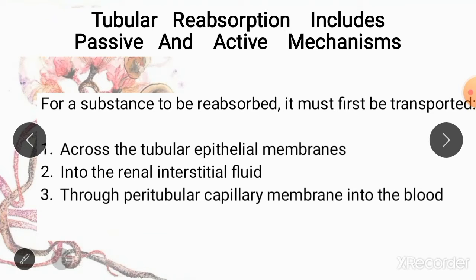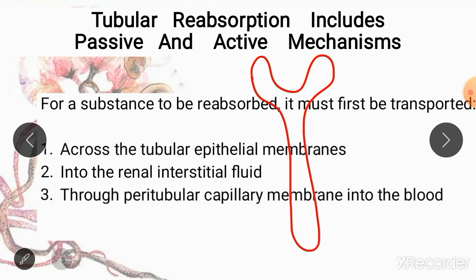First of all, as you already know, your nephron consists of a hollow tubular system which is made up of epithelial cells, and all of the filtrate travels in this tubular system, and around the epithelial cells are present peritubular capillaries.